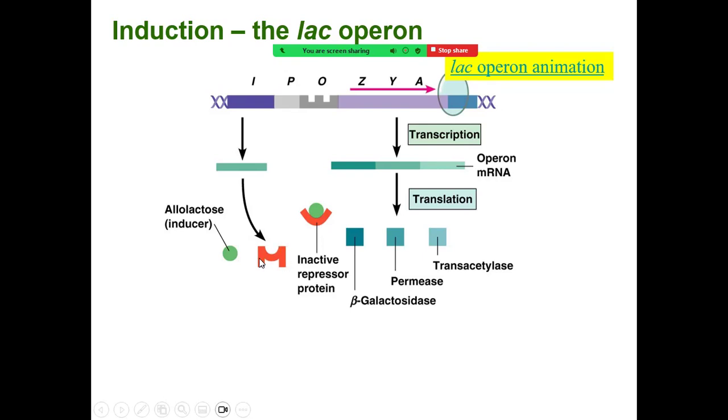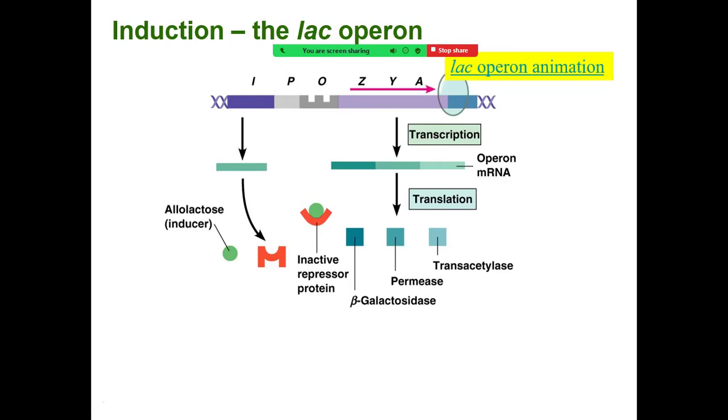When the repressor protein is bound to the operator, the inducer, allolactose, cannot bind to it. And the video is a little bit off on that. It had the repressor protein on the operator and the inducer binding to it, inactivating the repressor protein. It doesn't really work that way.